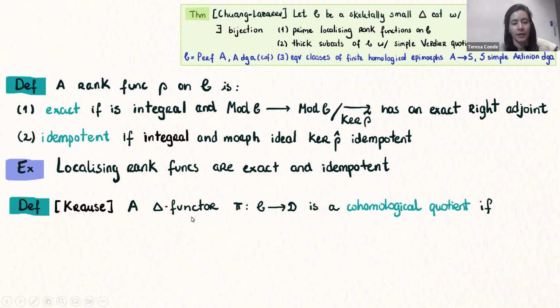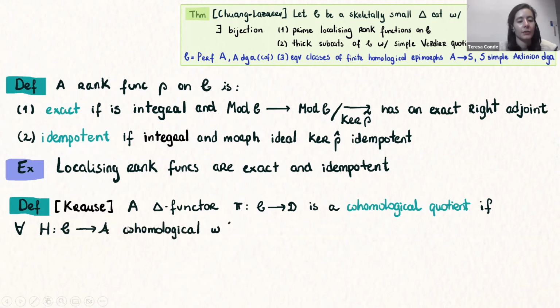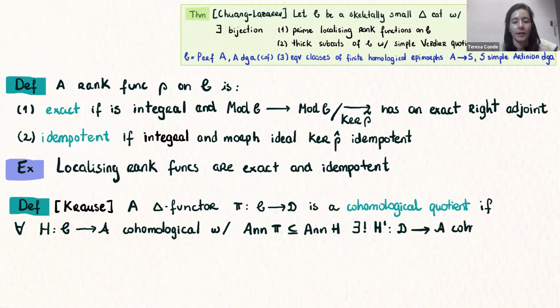So we shall say that a triangulated functor from our base triangulated category C to another triangulated category D is homological if whenever we have a homological functor, okay, from C to an abelian category, such that the class of morphisms which are annihilated by phi is contained in the class of morphisms annihilated by H, well, whenever we have such a functor, then such a functor should factor through our original functor pi. That's what being a homological quotient means.